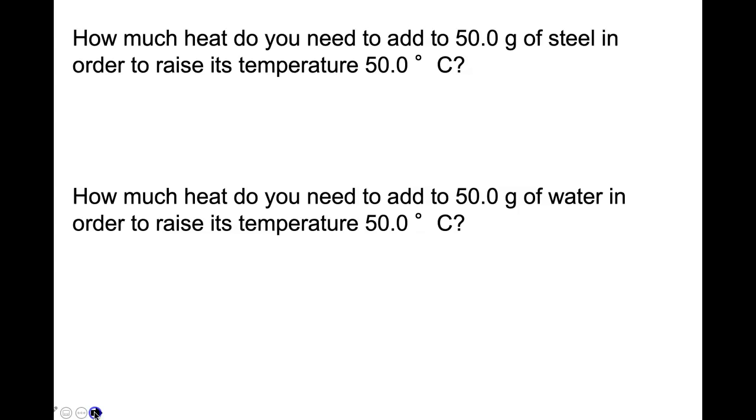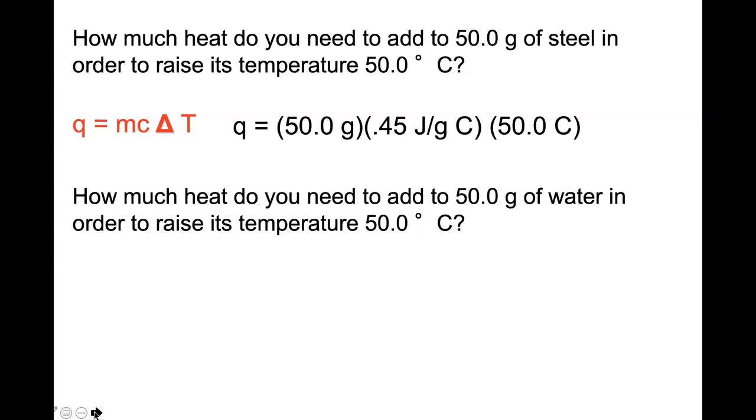And so you would start with the formula, which is that the quantity of heat equals the mass times specific heat times your change in temperature. And in this case, we're changing the temperature of steel, so we would need to look at the chart and get the specific heat of steel. So we'd simply take that mass, substitute it in, 50 grams, the specific heat of steel is 0.45, times our change in temperature.